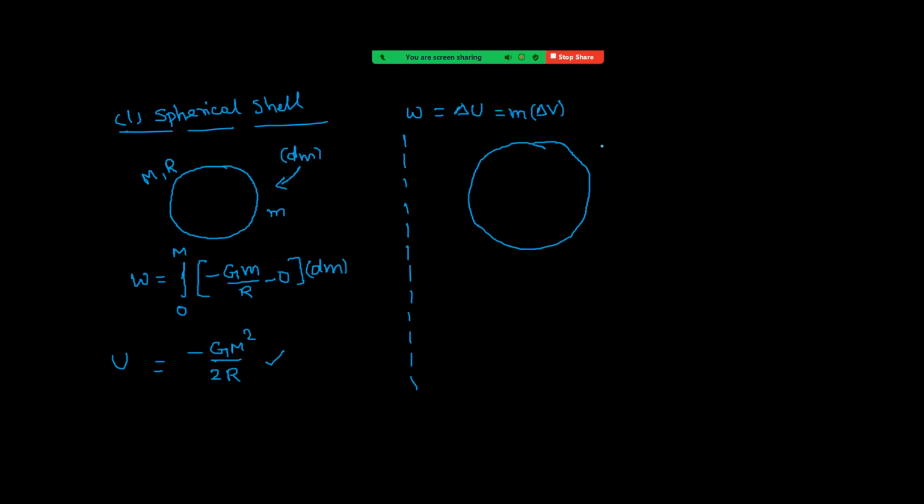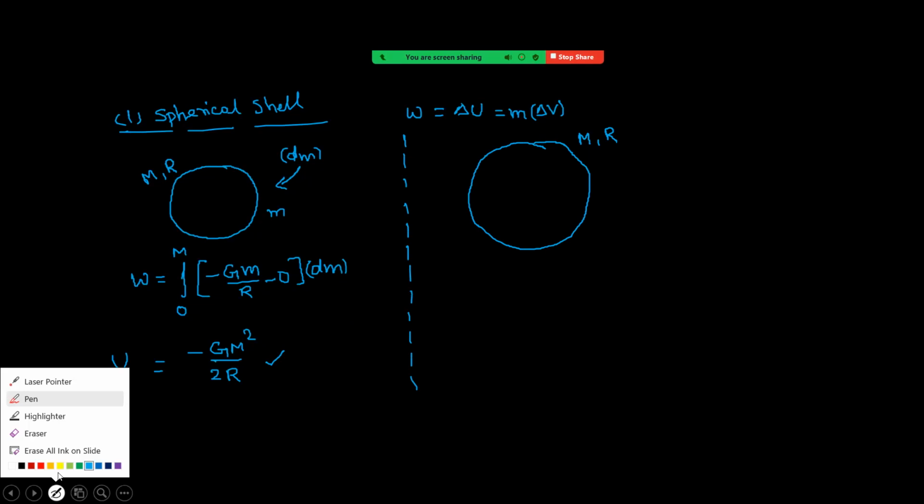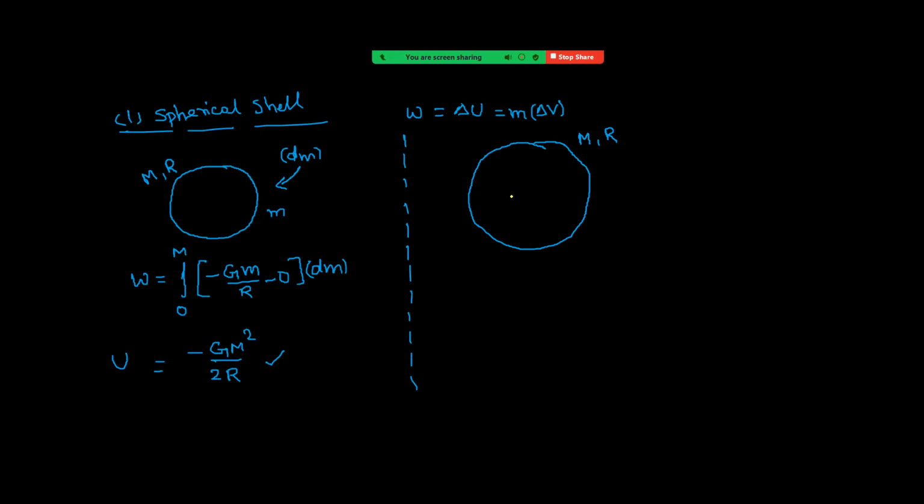We want to construct a solid sphere of mass M and radius R. Initially there was no solid sphere.